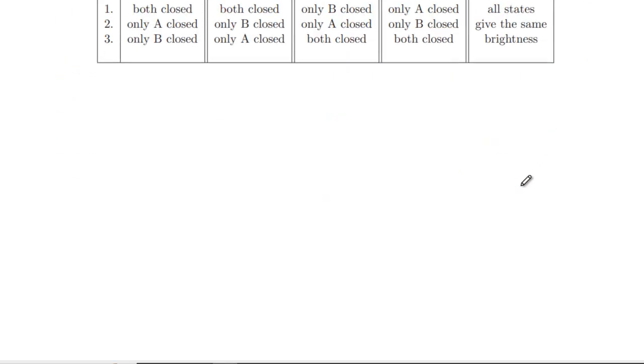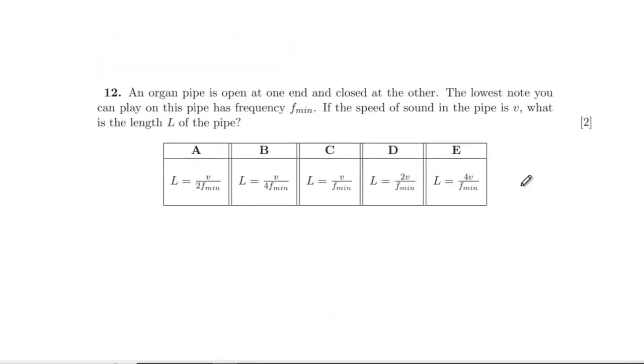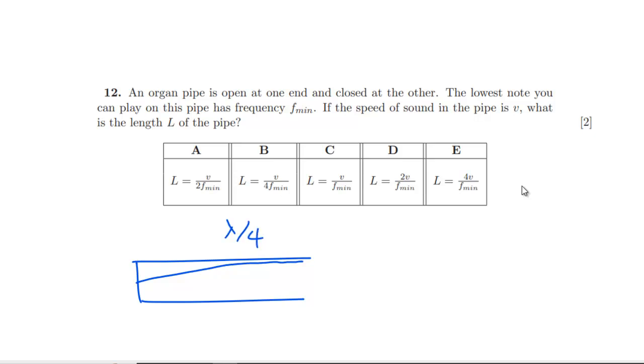Good. Now we've got an organ pipe open at one end, closed at the other. Right, this looks like standing waves. The lowest note you can play has frequency F min. So that's going to be a quarter of a wavelength. The speed of sound in the pipe is V, which is frequency times wavelength. What is the length L of the pipe?